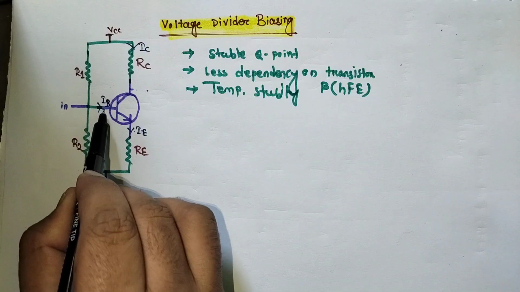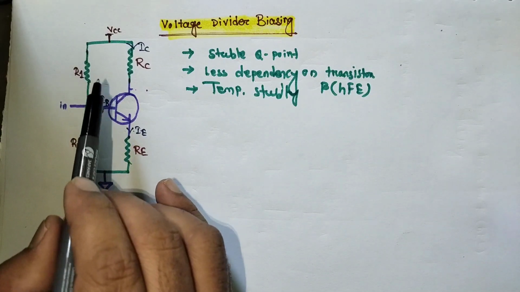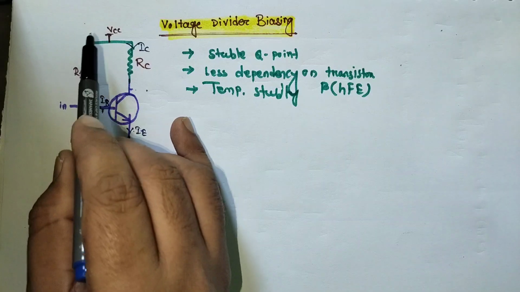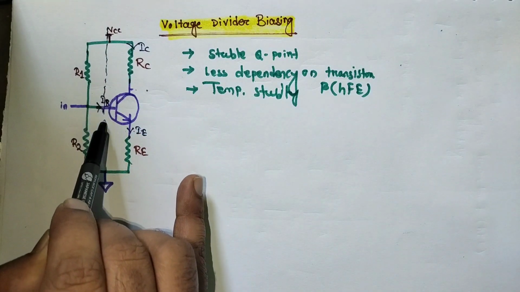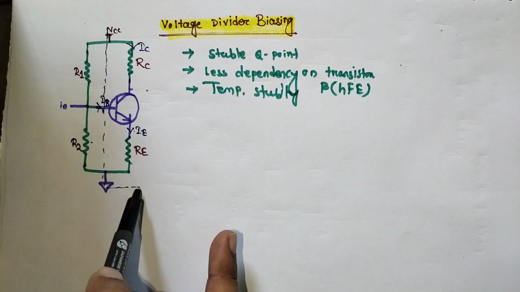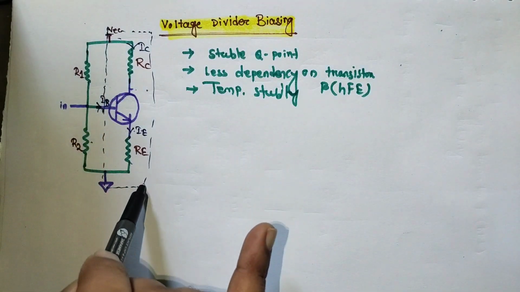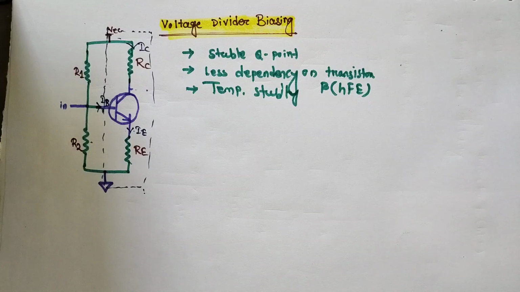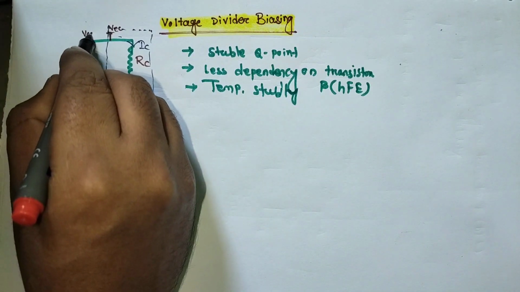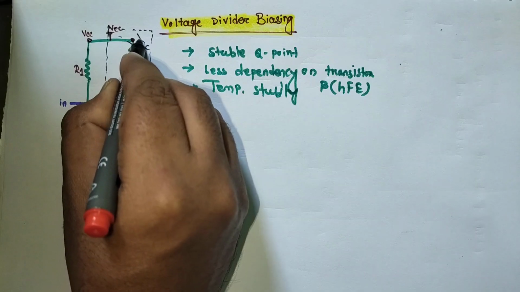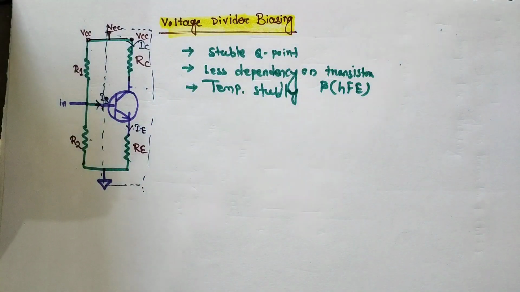For finding this IB, it's not directly possible, so we split this network. If I split, the VCC is also here, and both are shorted, so you can take VCC like this.